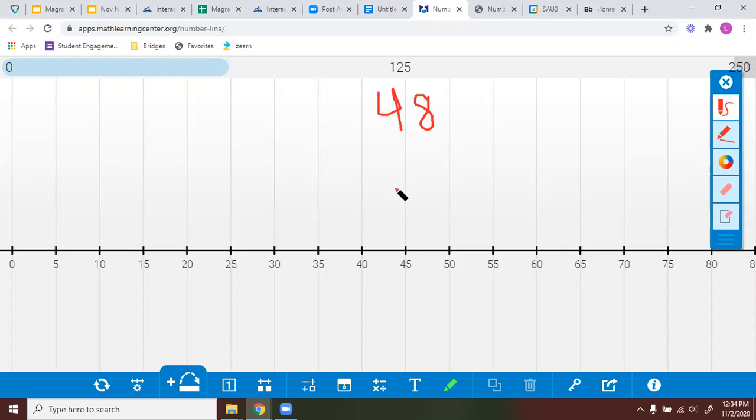Well, I know it's a little bit more than 45, but not quite 50. So it would be somewhere in the middle here. Now, it falls between the multiples of 40 and 50, those multiples of 10, 40 and 50. And it's much closer to the 50 mark. So we would say that 48 rounds to 50.